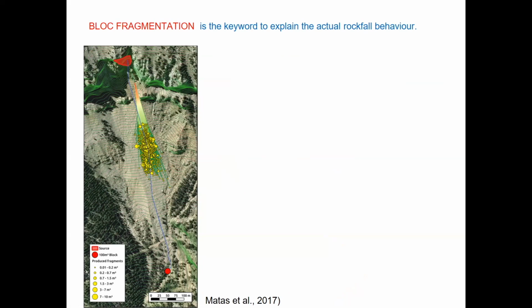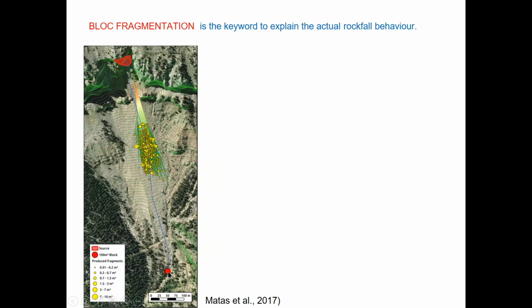Here we have an example of what I was saying. This is in the paper of Matas et al. Here we have in red the simulation of a single block, a 100 cubic meter block, downhill from a cliff in the upper part to here in the valley.